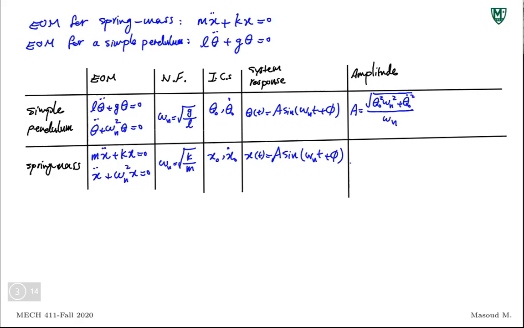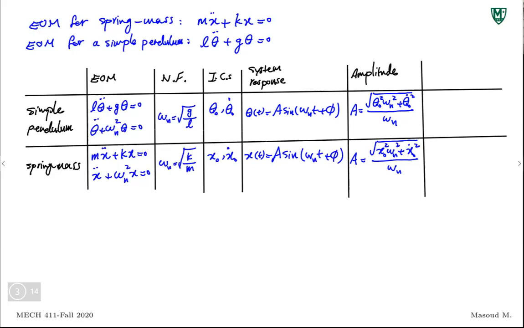Now for a spring mass, well, it will be square root of x naught squared omega n squared plus x naught dot squared, divided by omega n, right? So as long as you know the initial displacement and initial velocity of a spring mass system, you can find A.